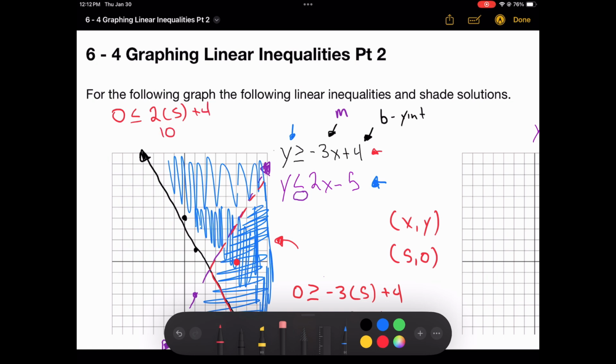Oops, that's not right. Excuse me. 2 times 5 minus 5, because I'm actually doing this equation right here. Well, 2 times 5 is 10. 10 minus 5 is 5, which is indeed greater than 0, and that's actually not equal to, that's just greater than. There you go. So that's what it means to have a solution in that area, okay?